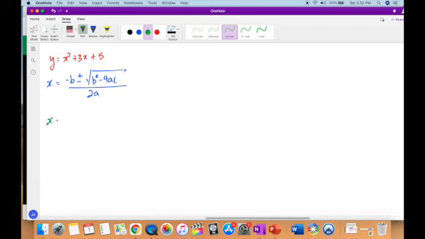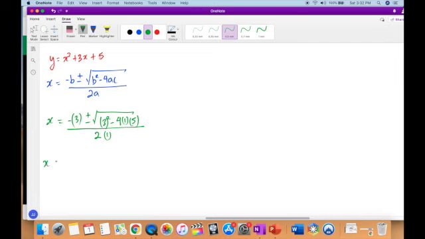So x is minus b, which is minus 3. I put b in brackets, so I know that inside there in the brackets, that is b, and I put in the minus there. Plus or minus the square root of b squared minus 4, a is 1, c is 5, all over 2 times a, which is 1.